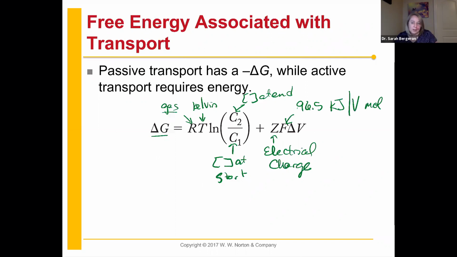And then delta V is going to be our membrane potential. So if we do this calculation and we get delta G being positive, then active transport is going to couple that transport with an input of free energy to make the overall reaction spontaneous. So we get that negative delta G.